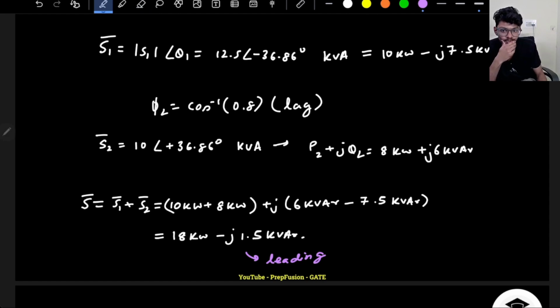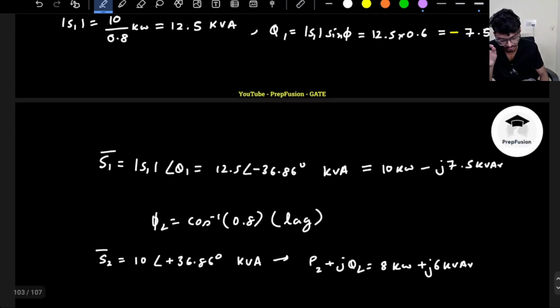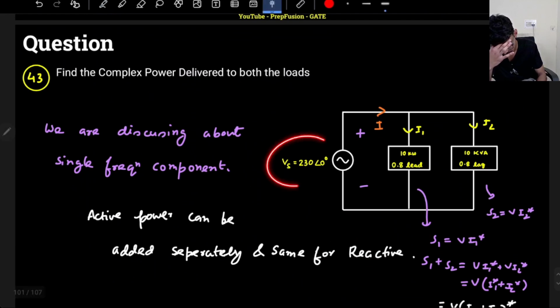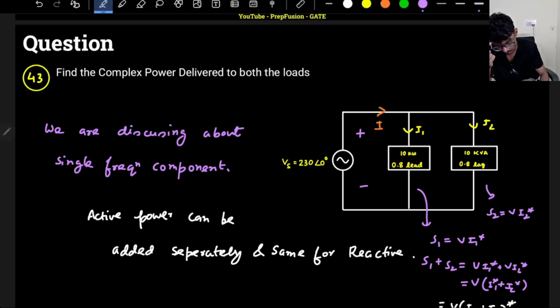Okay, so is there any other way? The other way is, overall complex power, if you want to find, you already know the voltage across this. Individually you find out the currents. How can you find out the currents? This is given. So method 2 I will just briefly explain.